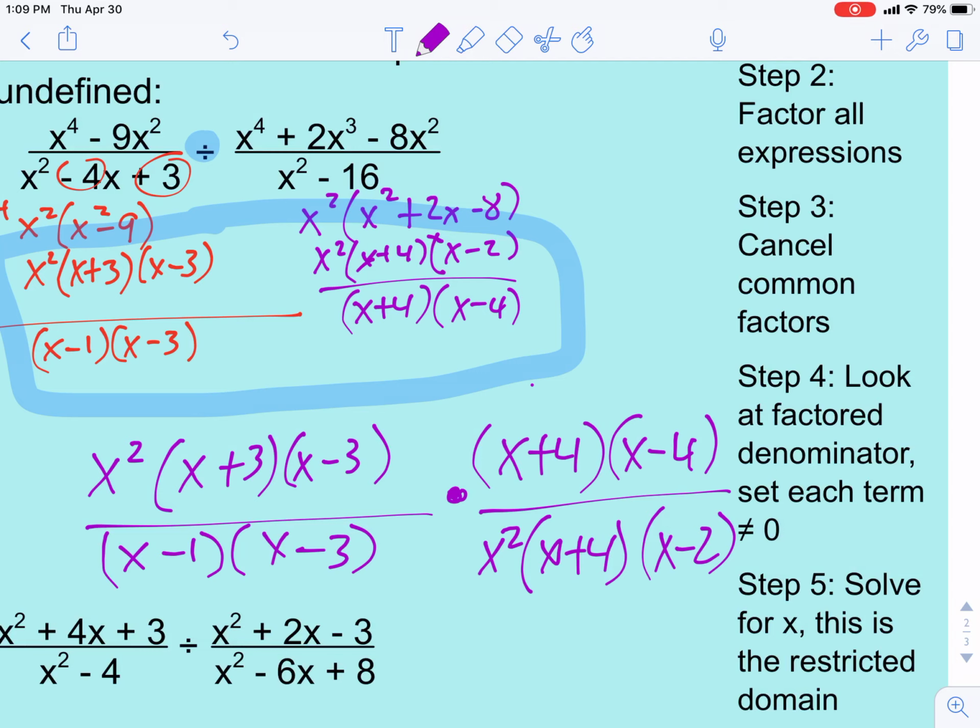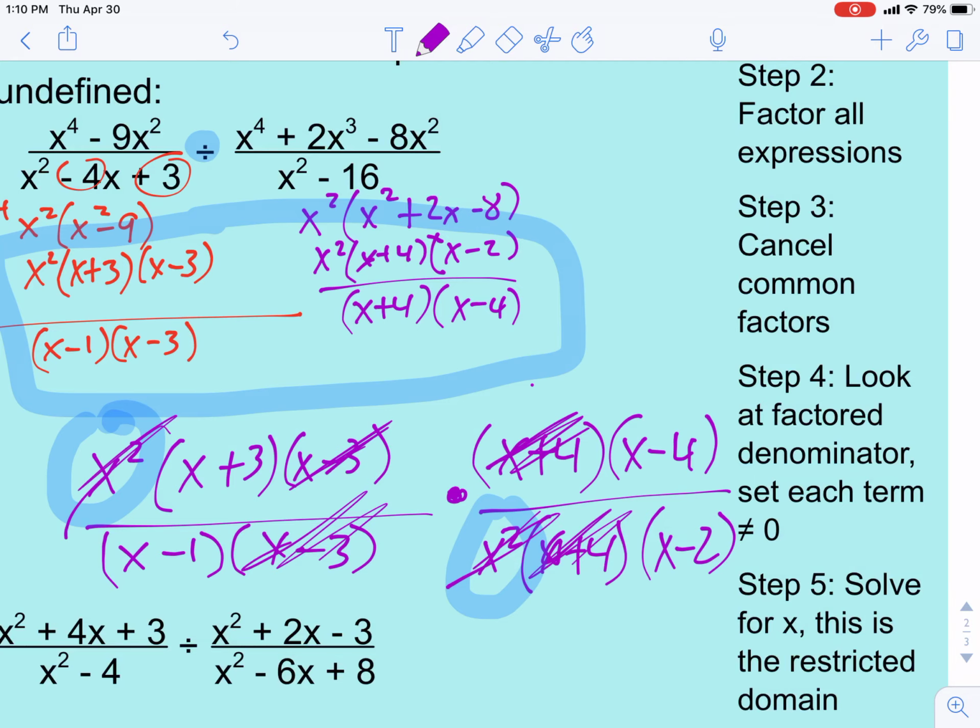Now, again, comes the ninja stuff. We have a factor of x plus 4 on the tops. We have the x minus 3s on the tops and bottoms. And because this x squared right here is just x squared, and this guy down here is just x squared, we can hack those out, okay? Because they're just x squared by itself.